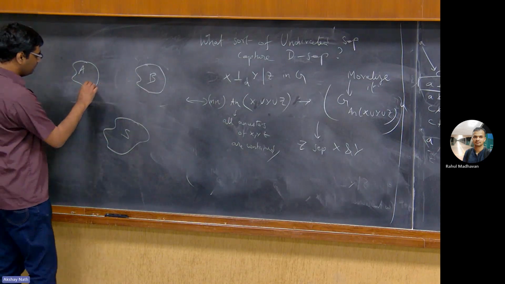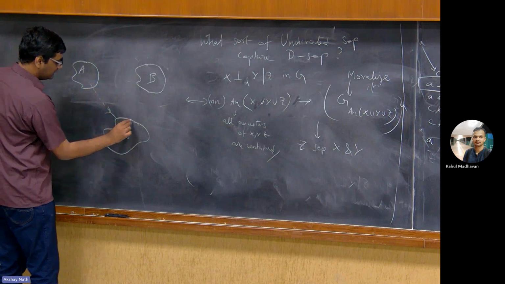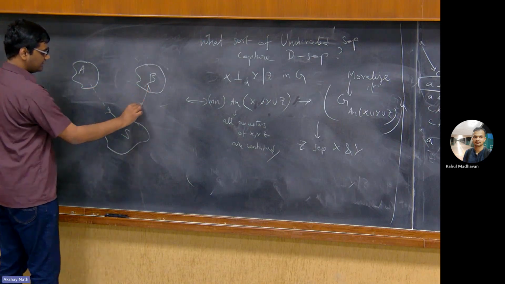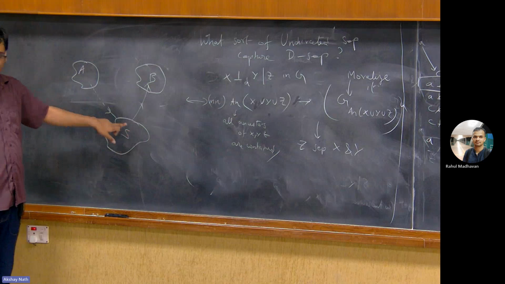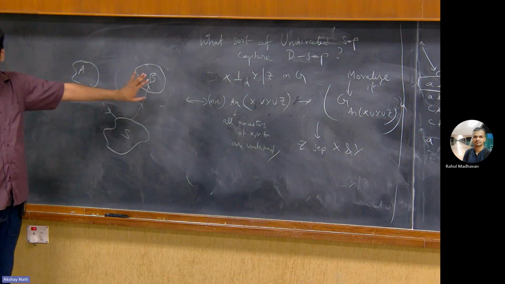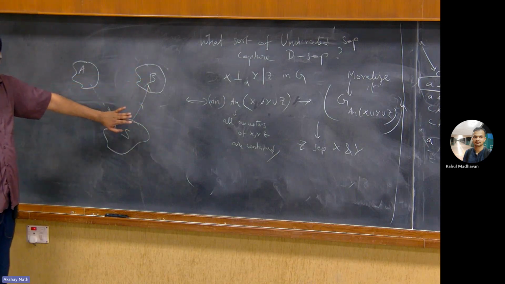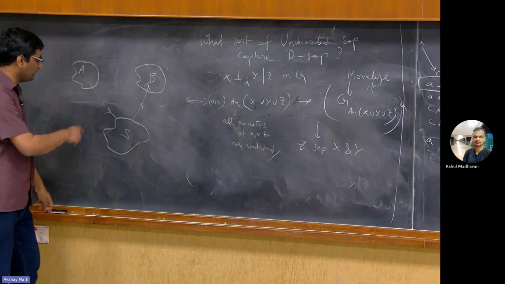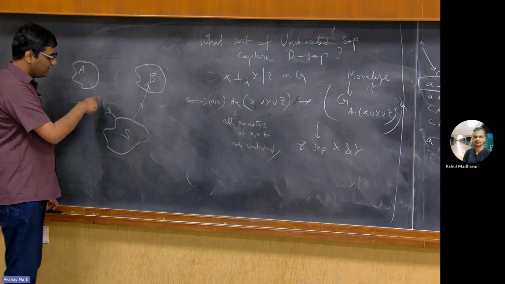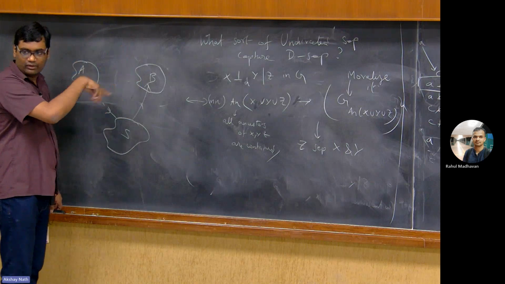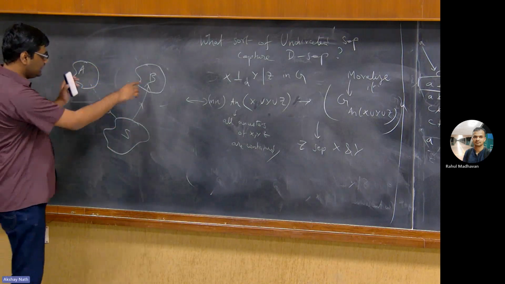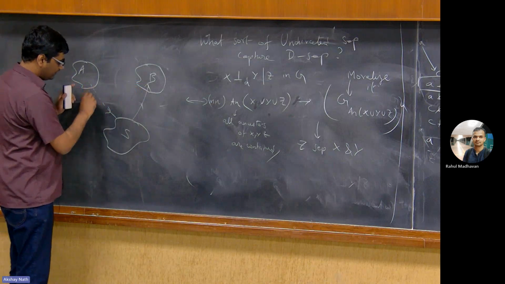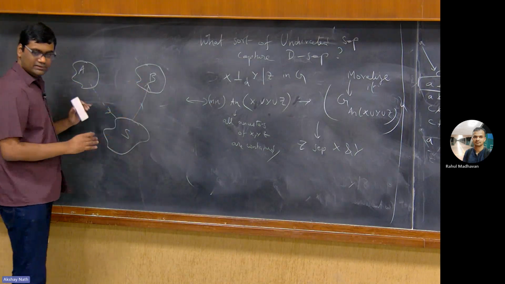Right. So what one could do is consider directed paths like this. These are trivial cases. They cannot pass through S at all. Because if they ever pass through S, then there is a problem. So the path that you take cannot be in such a way that there's only one direction, this way or the other way. It has to involve colliders minimally, right? Because if it separates, then it's very trivial.